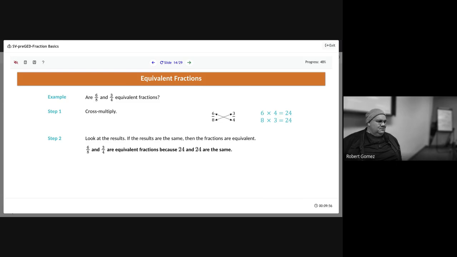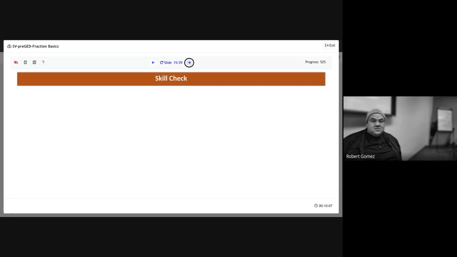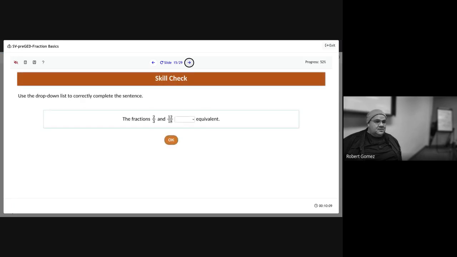So when you get here to equivalent fractions, please pay close attention to it, and make sure you write down everything. Work the example, guys.